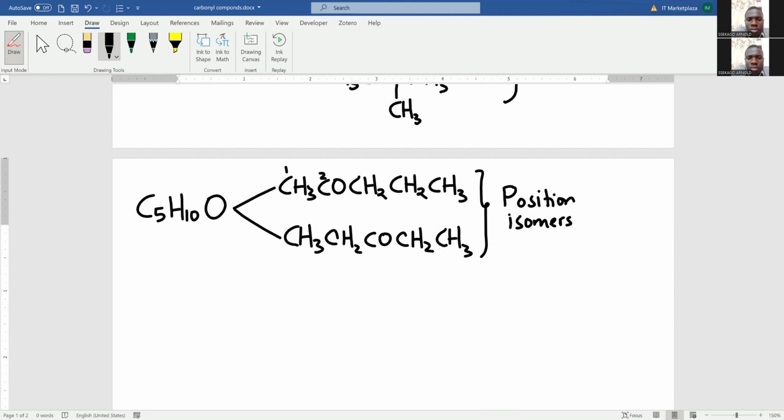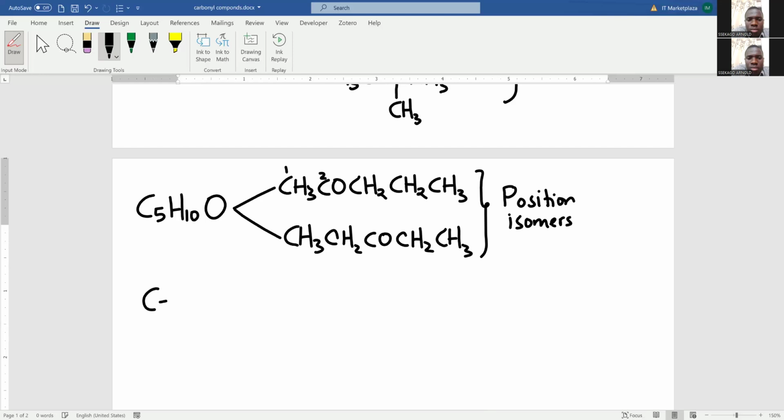So if I can distinguish between their functional groups, those functional groups are different. Therefore, for the functional group isomers, I can have a ketone and an aldehyde. By the fact that they have different structures, those two can be distinguished using different reagents.